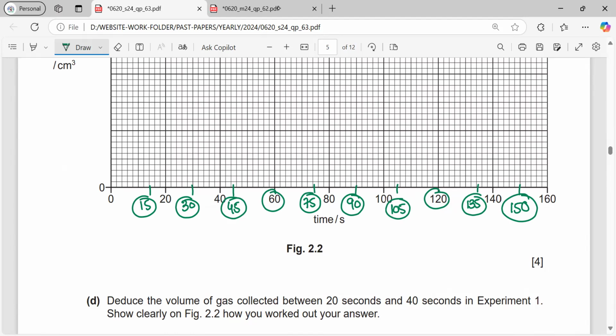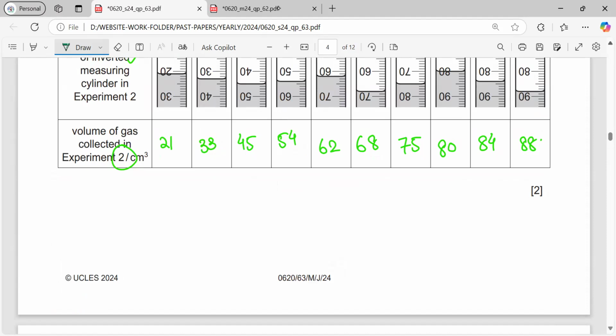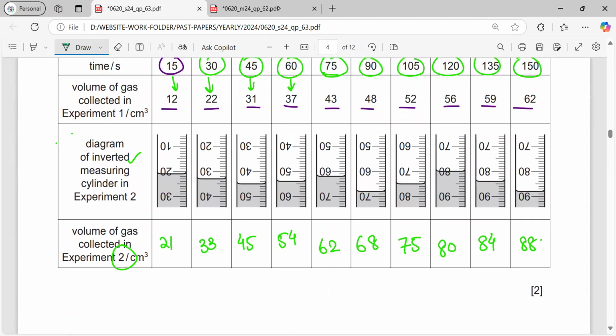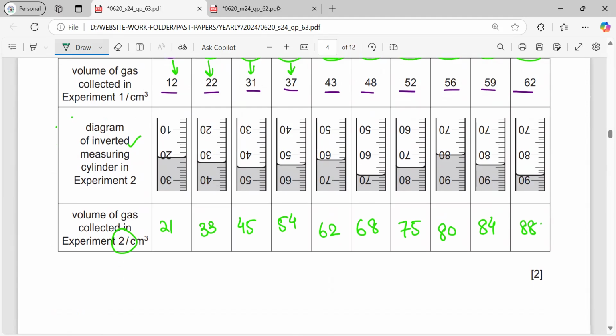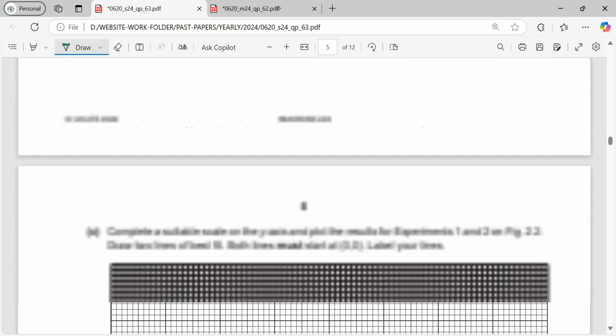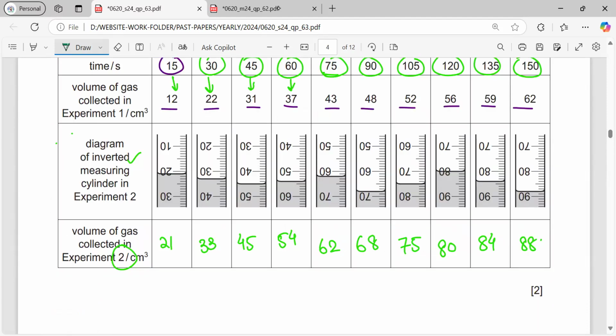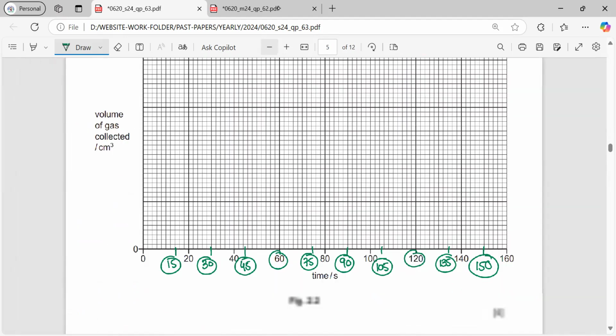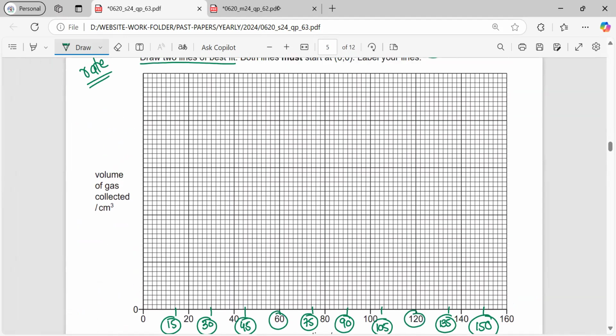And now we'll plot the graph for experiment 1 and 2 both. First of all, for 15 seconds, we have 12 and 21. Okay, let's make a scale first. So it is going till 62, and this one is going till 88. So I guess we'll take 20, 40, 60, 80, and 100.